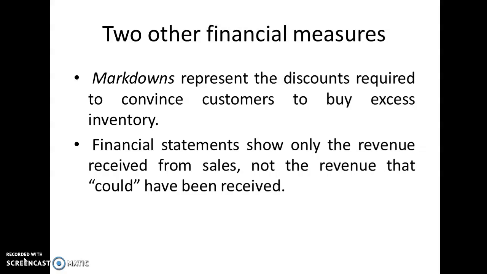In this case, the manufacturer actually loses part of his profit. So the financial statements show only the revenue received from sales, not the revenue that could have been received. If the items were sold at the actual rate, the profit would be higher than the items sold at the discounted rate. That is what the measure is called markdown.